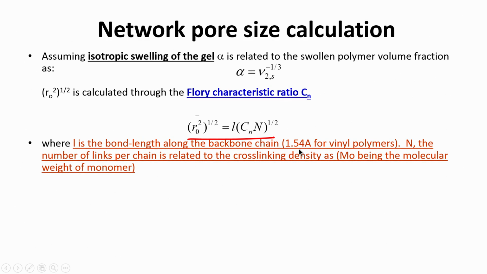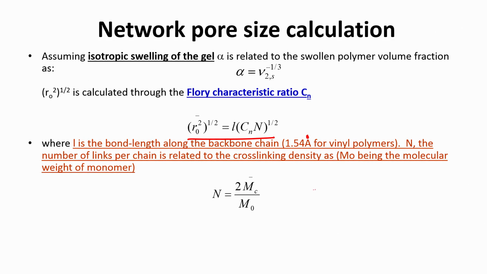Here is an example of 1.4 Angstrom for vinyl polymers, and n is the number of links per chain. That is related to the crosslinking density as well, with M0 being the molecular weight of the monomer, so n is equal to 2 Mc divided by M0.